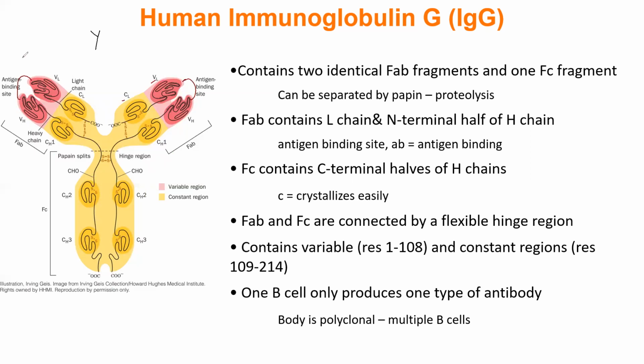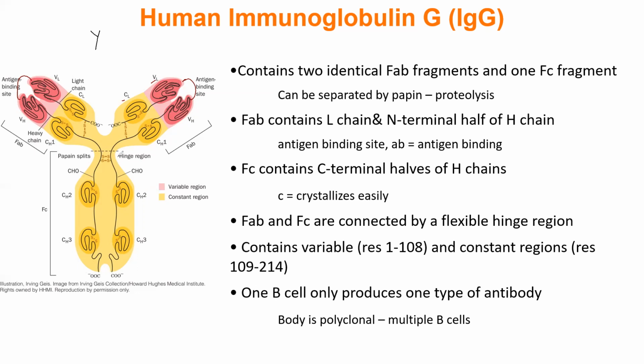Every antibody has a different variable region. They have different amino acids that make up these regions. Because of that, your antibodies bind one antigen and one antigen only. So you have millions and millions of different possible antibodies you can make, but you're only going to bind to one antigen with that antibody.